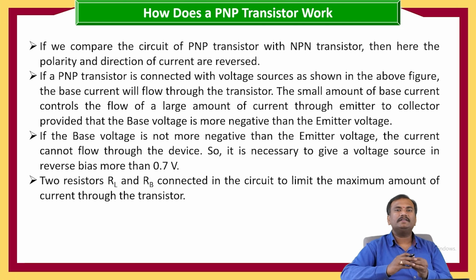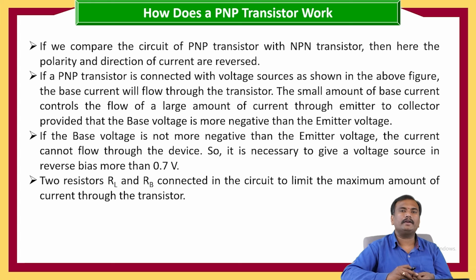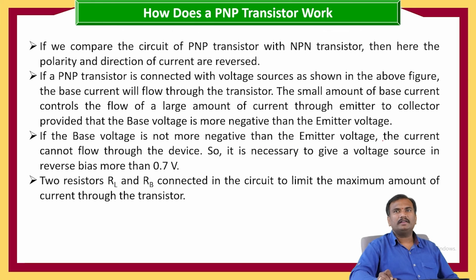That's why these transistors are also called current controlled devices. If the base voltage is not more negative than the emitter voltage, the current cannot flow through the device. So it is necessary to give a voltage source in reverse bias of more than 0.7 volts.